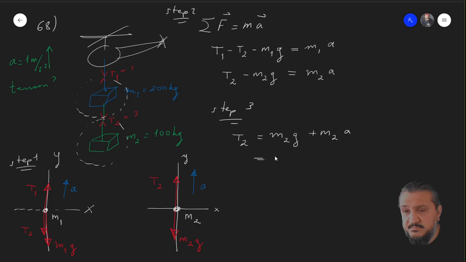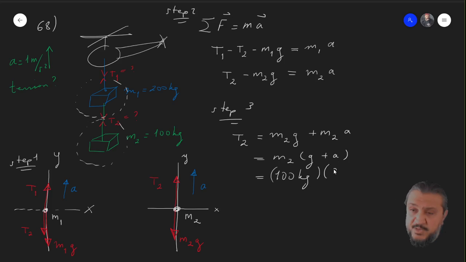So T2 equals M2 times G plus A. M2 is 100 kilograms, G is 9.8, and A is given to be 1.